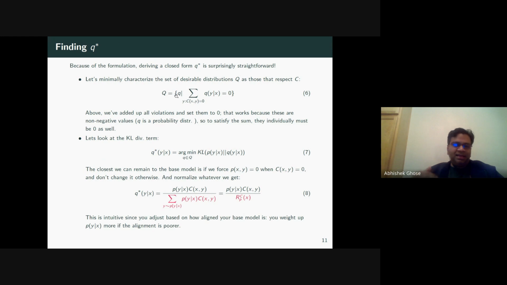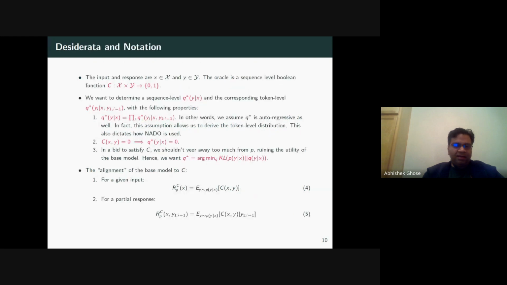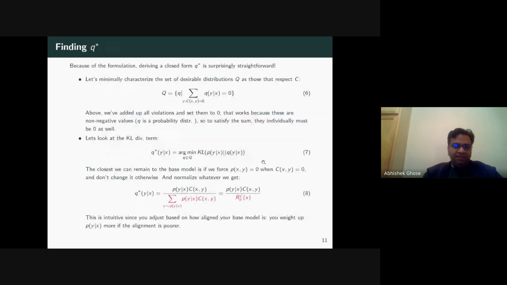So let's again characterize q star a bit more, the valid distributions a bit more, right? Again, we haven't really spoken about q star, we just said that it should give a weight of 0 to those y's which do not satisfy the constraint, and we also said that the KL divergence should be very small with respect to the base model, but we haven't said much beyond that, right?